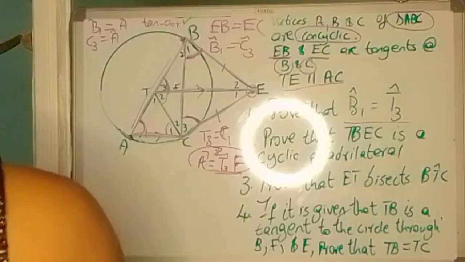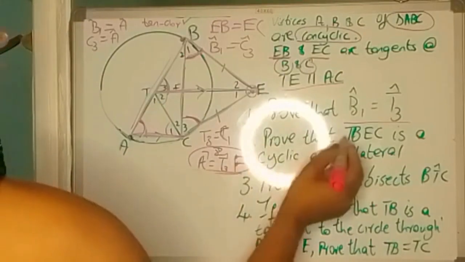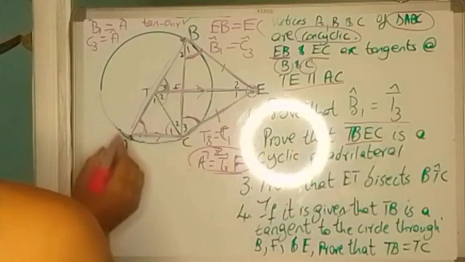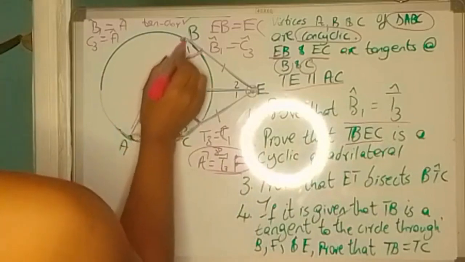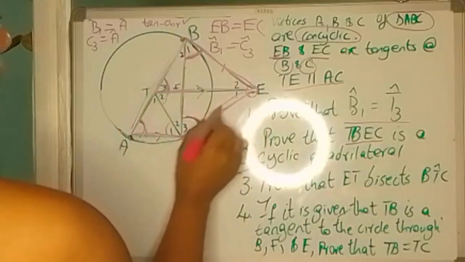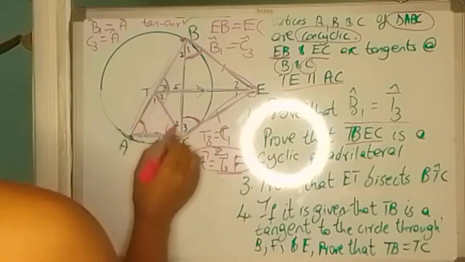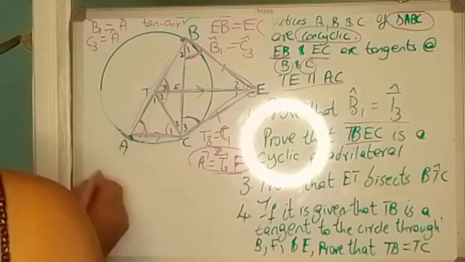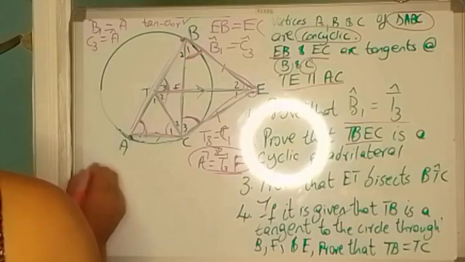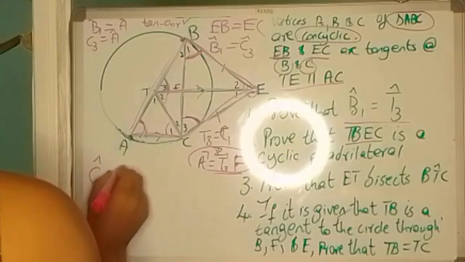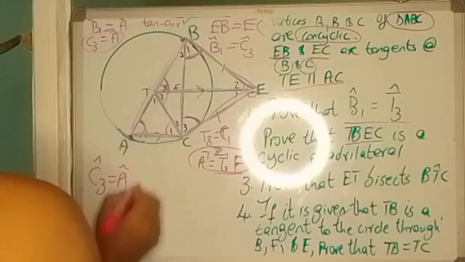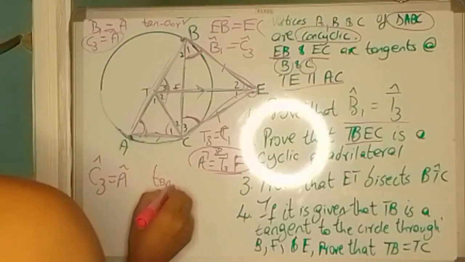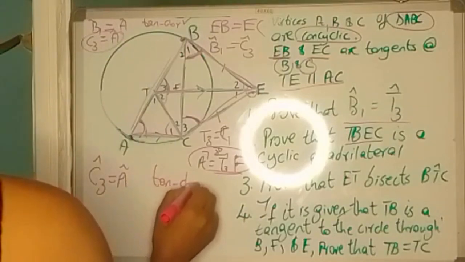Great. Next, we have to prove that TBEC is a cyclic quadrilateral. We have gotten that C3 is equal to A. Remember, we got that from there, and our reason was the tangent chord theorem.